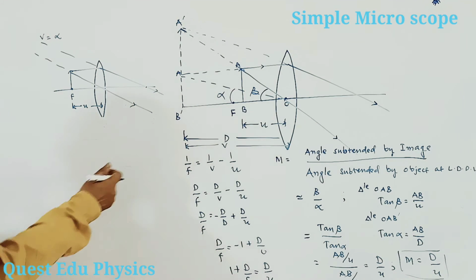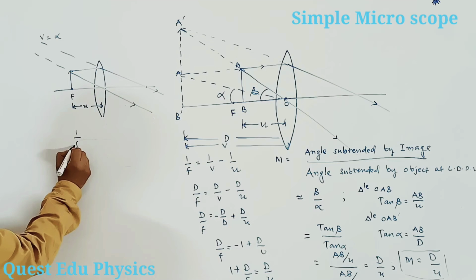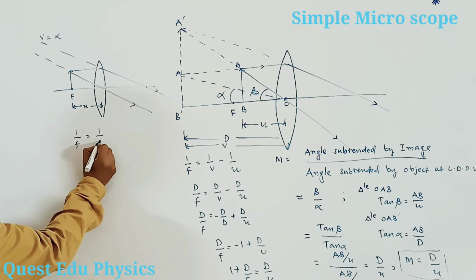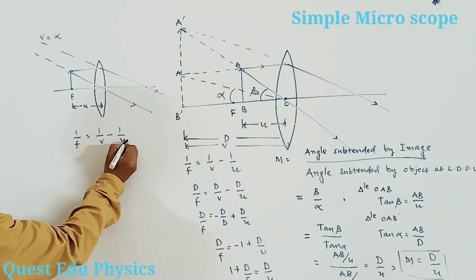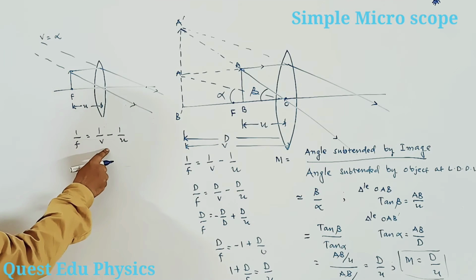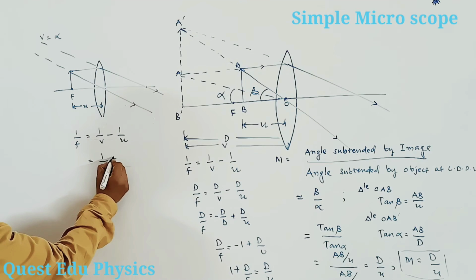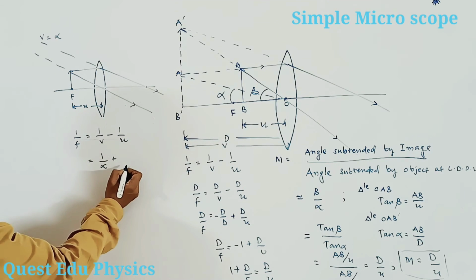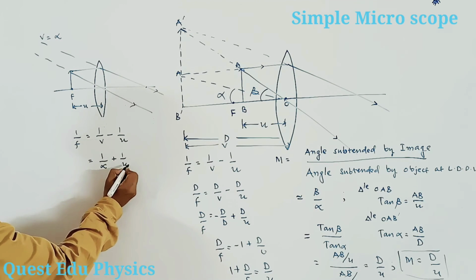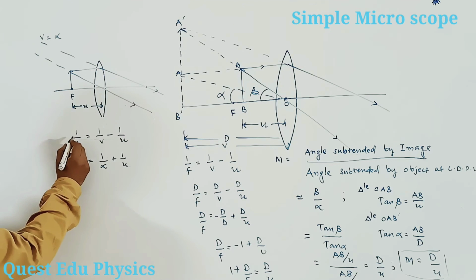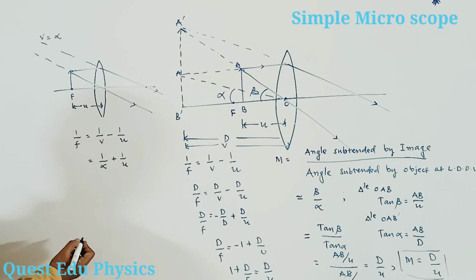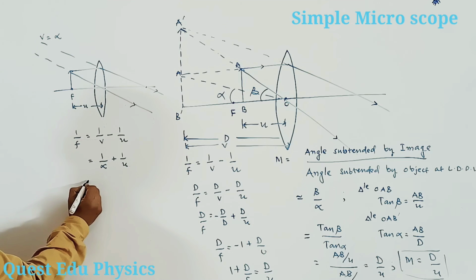Okay, students. Then we are using the same relation. 1 by F is equal to 1 by V minus 1 by U. I am putting the V as infinity here. 1 by infinity is equal to plus 1 by U. Okay, students. Then multiplying both sides with the D, what I get?